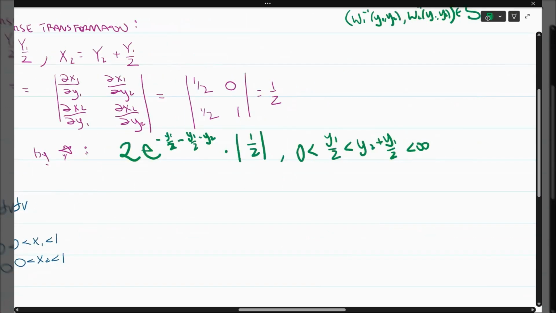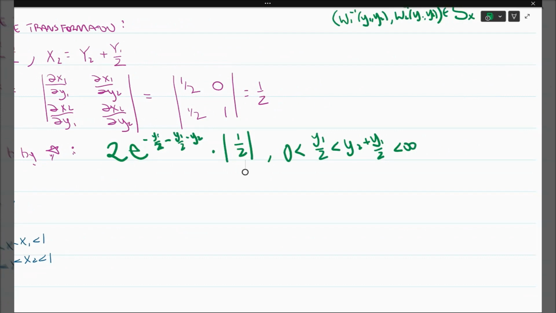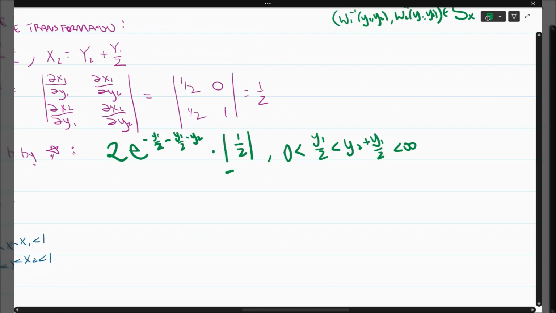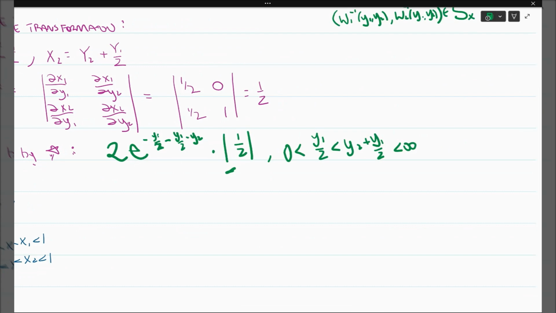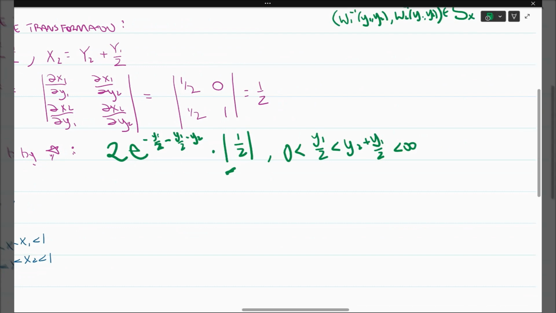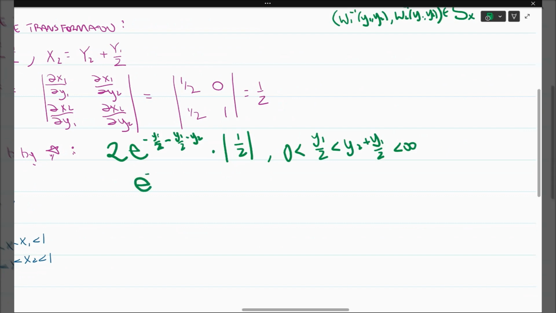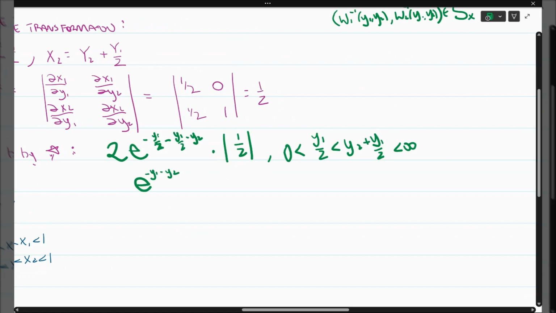Okay, so our twos cancel, and we end up with e to the minus y1 minus y2, which is starting to feel familiar.